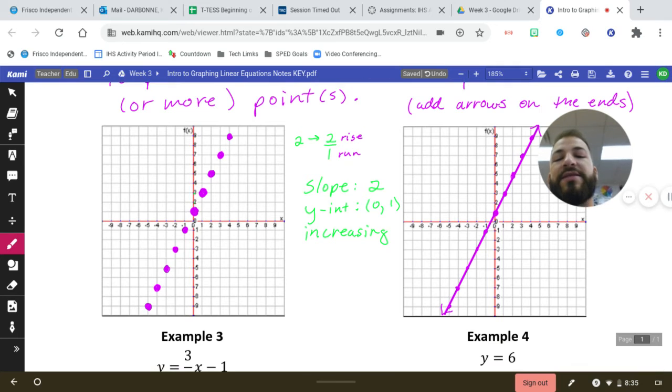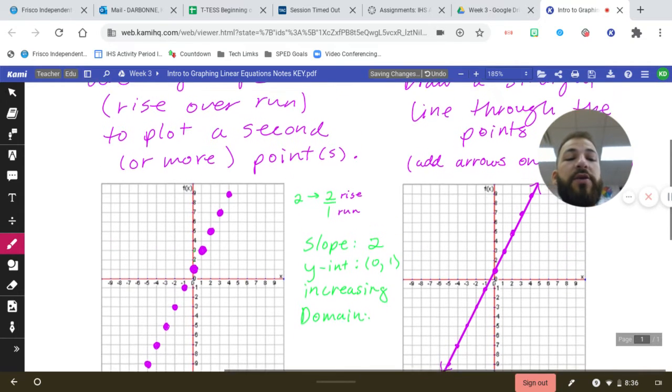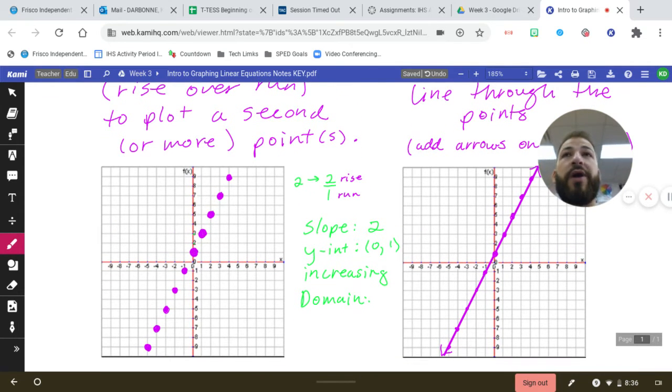And then its domain: if I'm continuing to the left and continuing to the right forever, that's going to be all of our real numbers. I could write it as all real numbers in words, or you could write negative infinity is less than x, which is less than infinity, as interval notation.